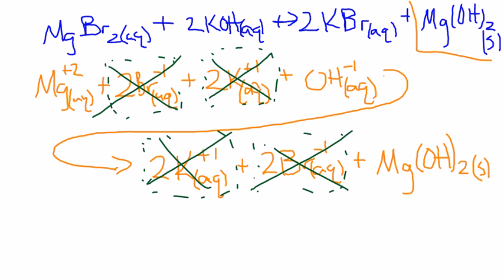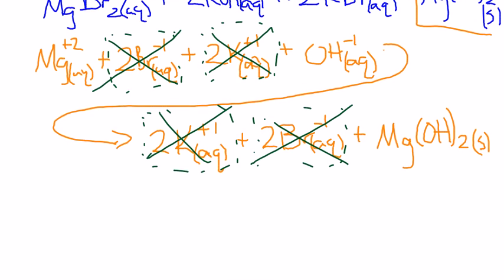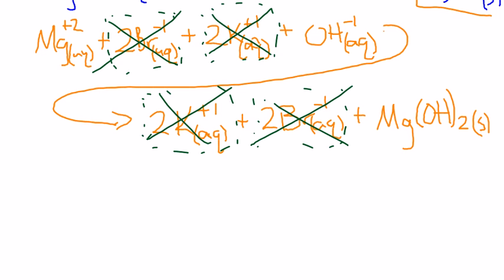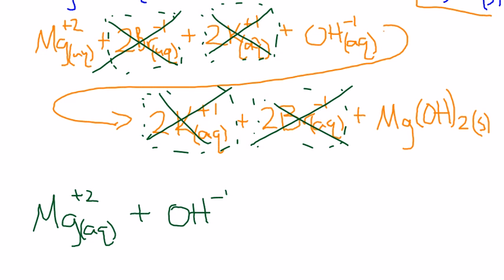Then our net ionic equation, the stuff that's left over after we trim off the extras, is going to be Mg, and that is aqueous, with a charge of +2, plus OH-1, and I think there should actually be 2 of those. I could be wrong. Yeah, there should be 2 of those.